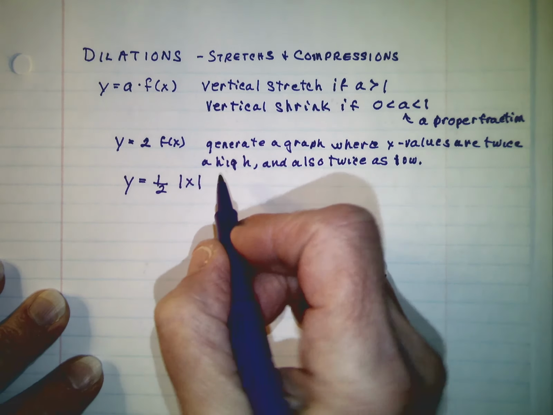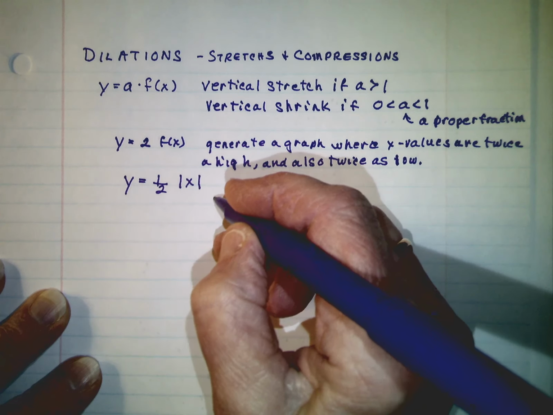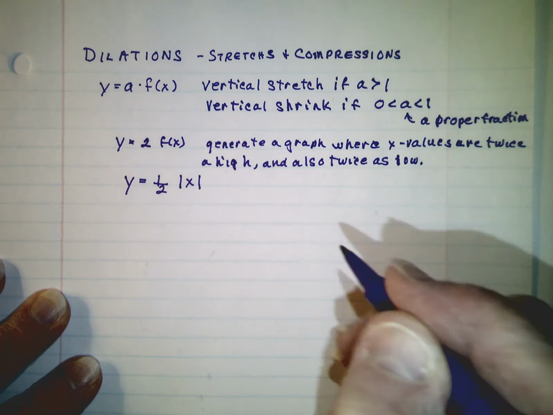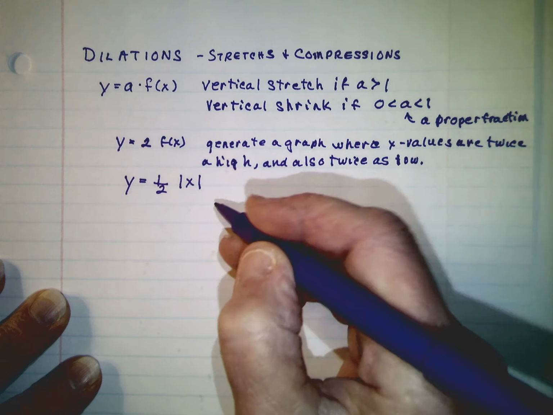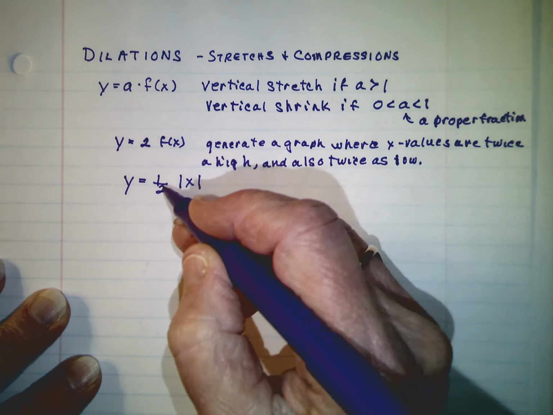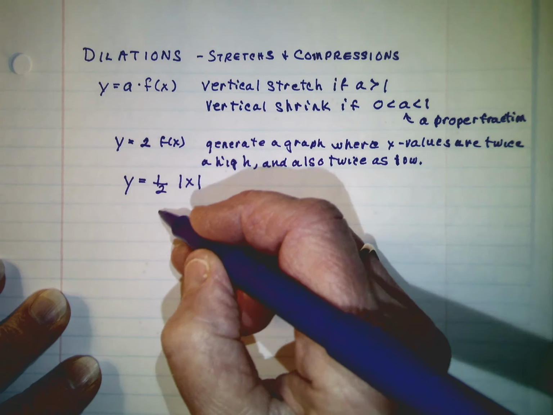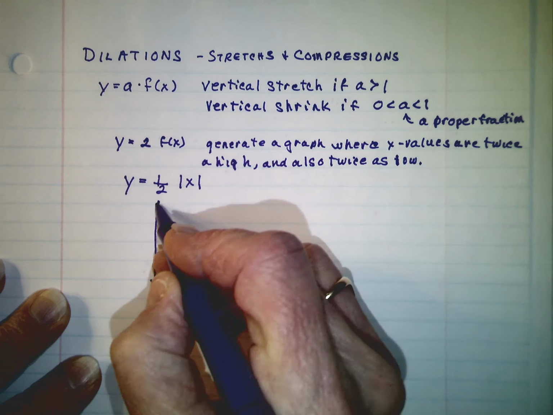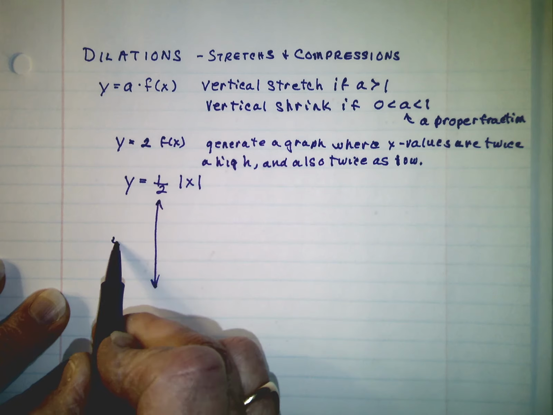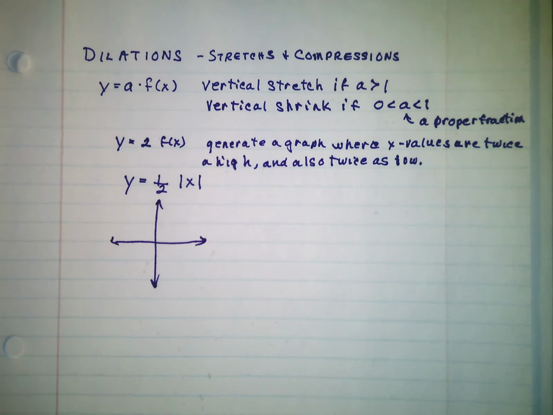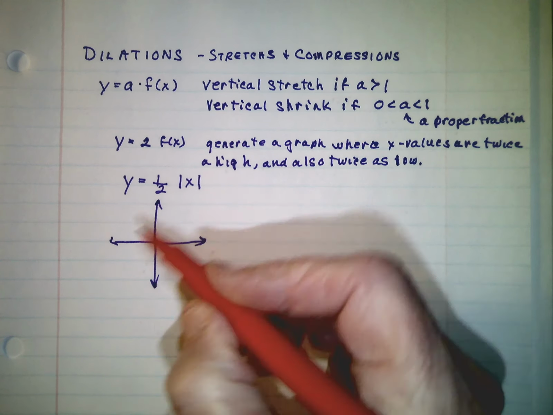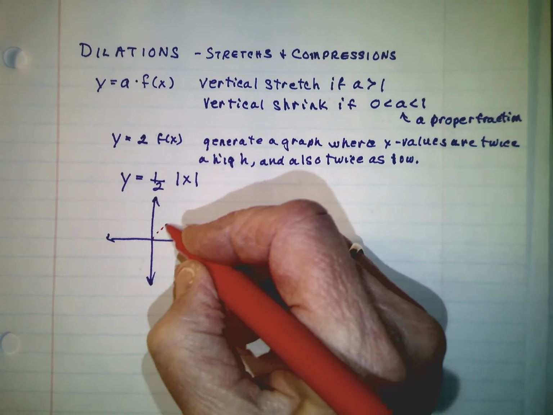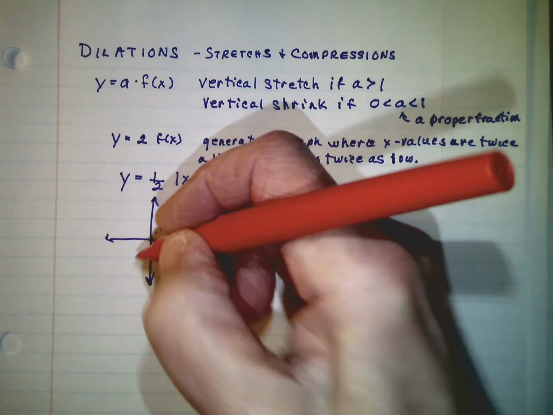So we should expect then that the y values are going to be half as high as they used to be. Whatever the answer was, we just cut it in half. So the parent function, original graph looks like this.